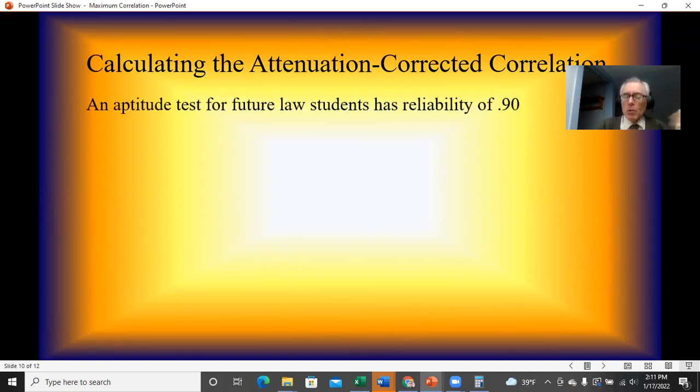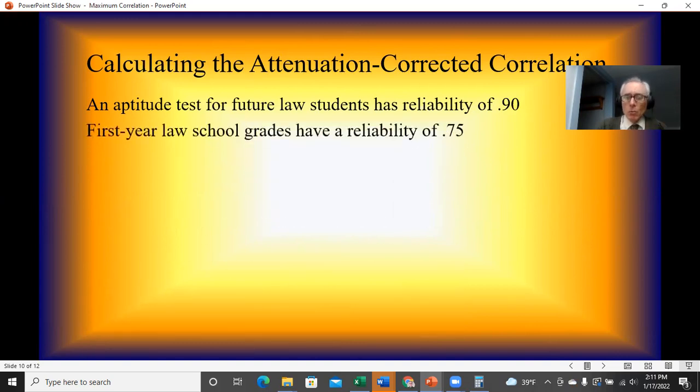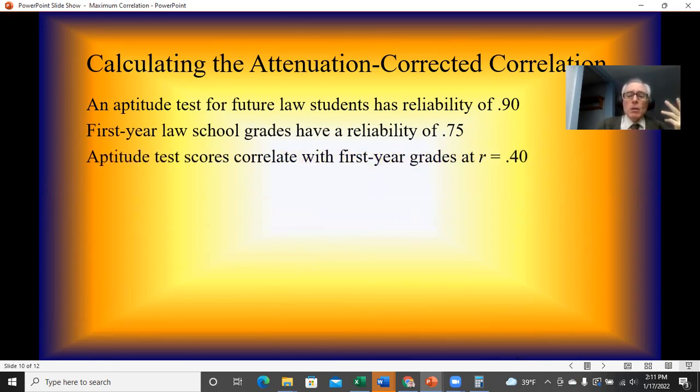We knew that the aptitude test for law students has reliability of 0.9. We know that first-year law school grades have reliability of 0.75. We find that aptitude test scores, LSAT scores in this case, correlate with first-year grades at 0.4. All these are made-up data, by the way.